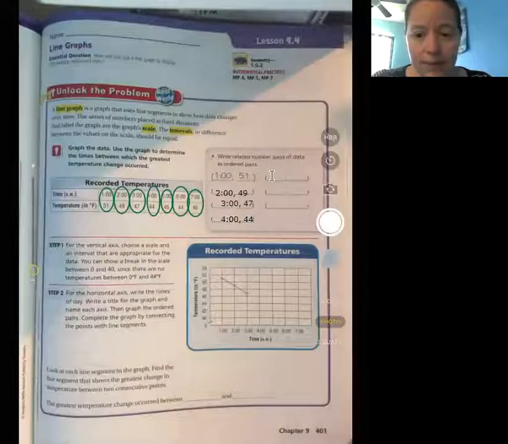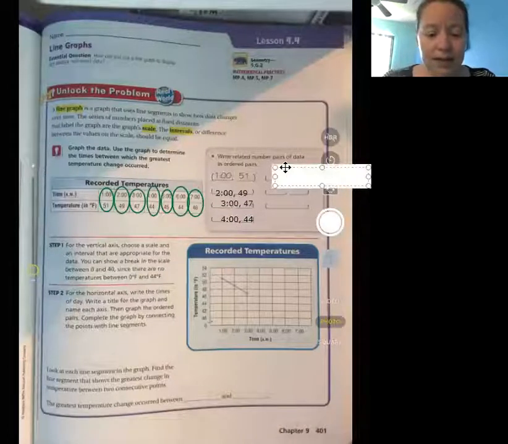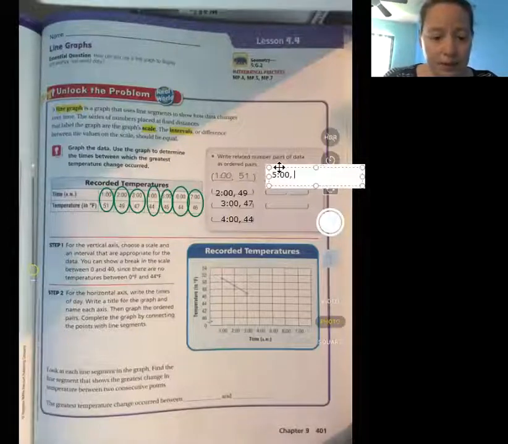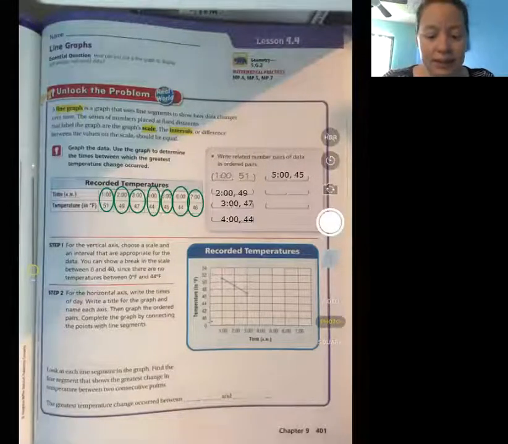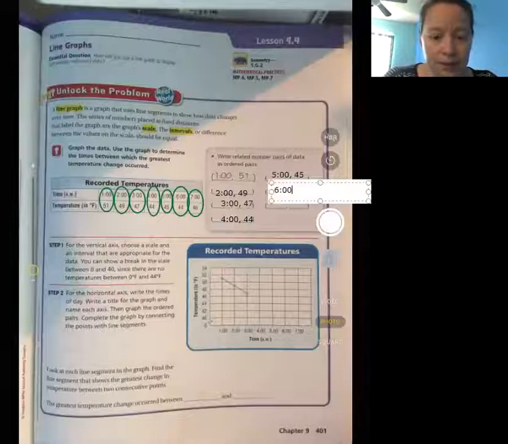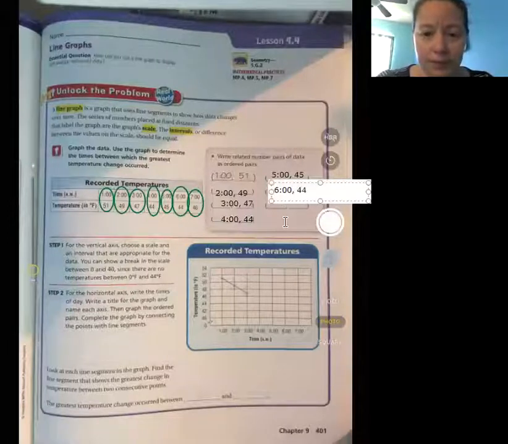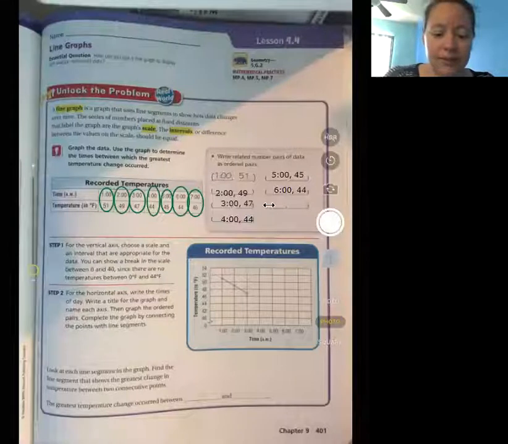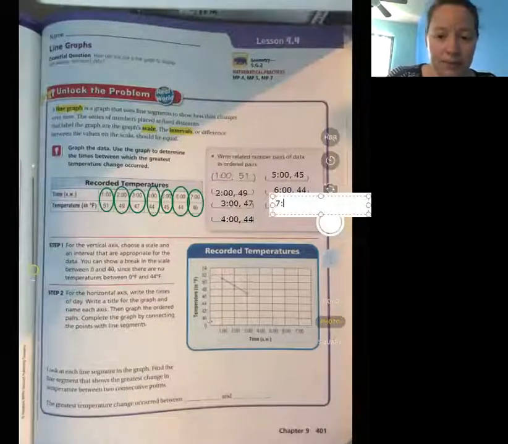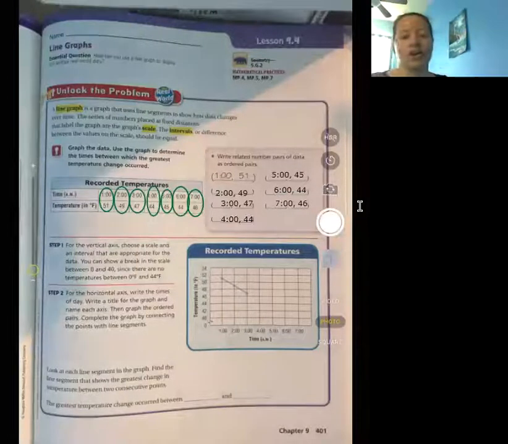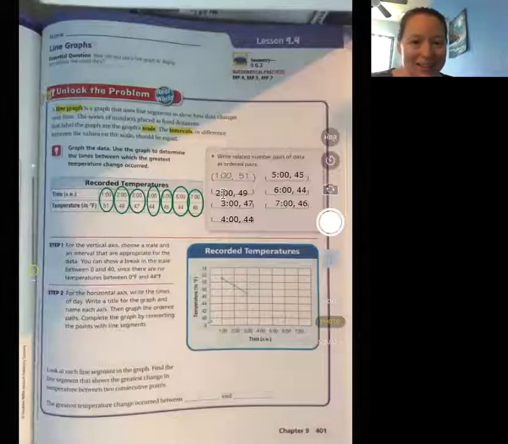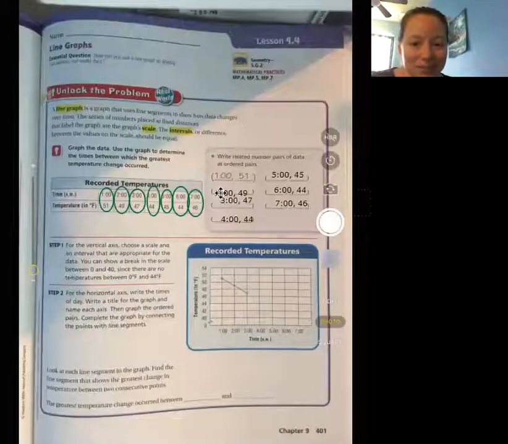And then 5 o'clock, 45 degrees. And 6 o'clock, 44 degrees. And 7 o'clock, 46 degrees. So that is our points. And yeah, my points could use a little fudging to get closer to where they actually are.